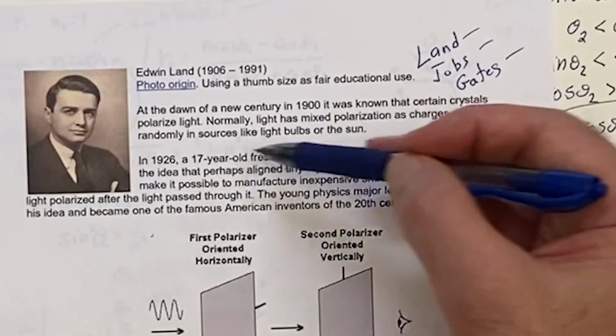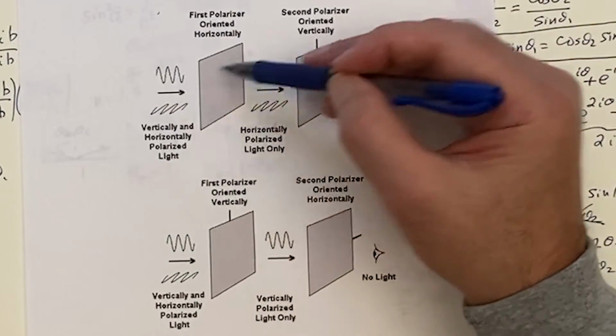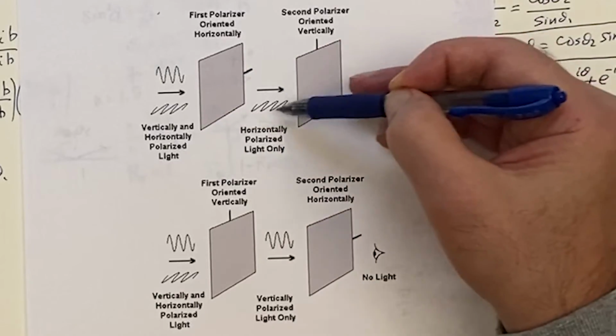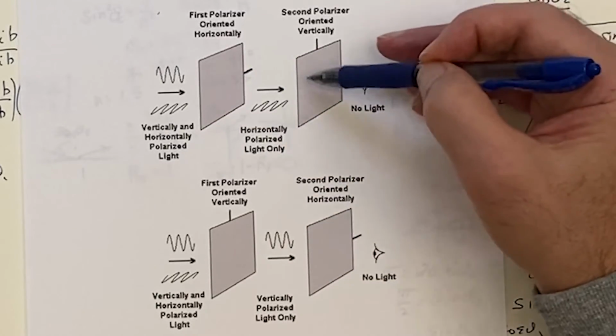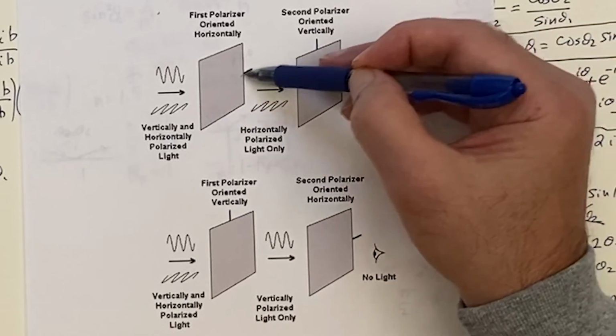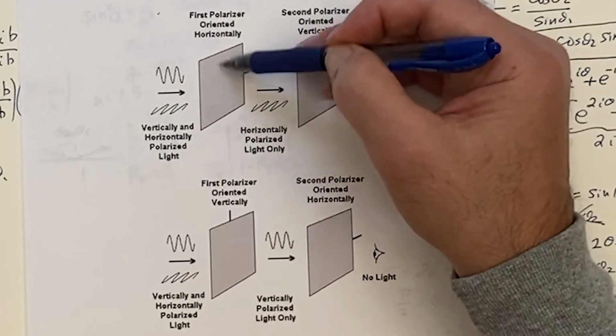And here, a 17-year-old freshman invented a sheet where the light comes in with mixed polarization. If you orient this a certain way, only one passes through. Then if you crisscross them, this won't let this one through. So this one is letting through the horizontal one, and it absorbs the vertical.